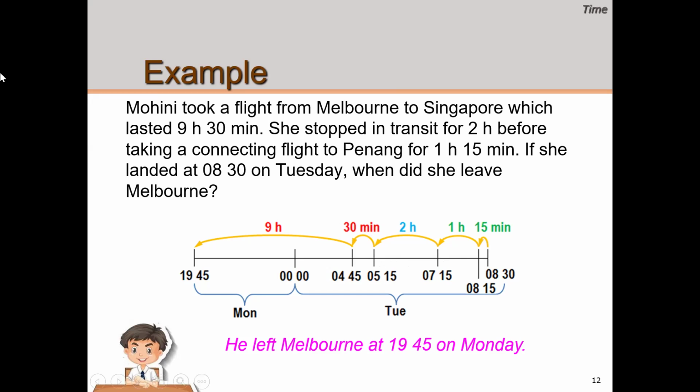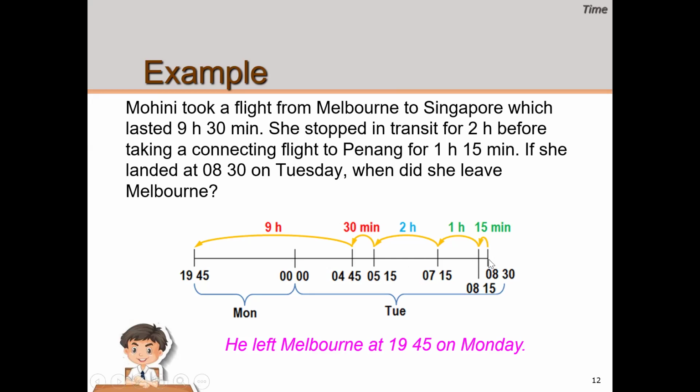So now what will we do? From 5:15 to 4:45, she covered 30 minutes. Then from 4:45 to 19:45, she covered 9 hours. Okay, so this is how you have to calculate.